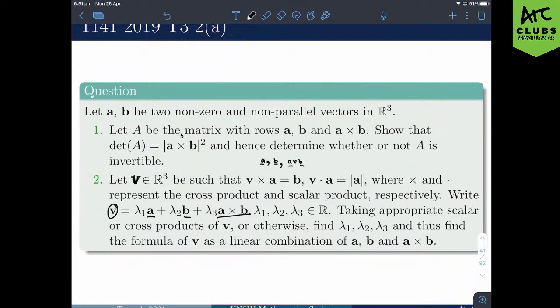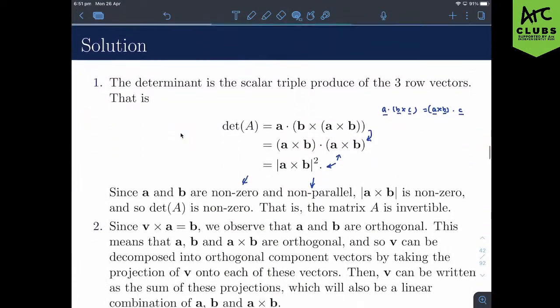We already know by default that A cross product B is orthogonal to B, and A cross product B is orthogonal to A. But we have this extra fact that A and B are orthogonal. And so what does that tell us? Well, we can decompose V into orthogonal components by taking projections of V onto each of these vectors, and then summing them together to recompose V, I guess.